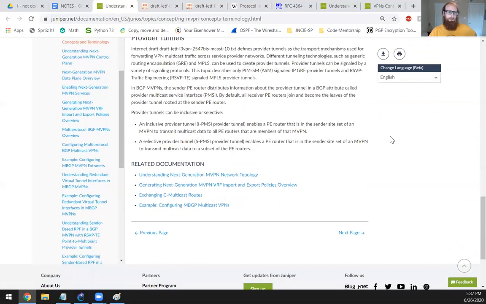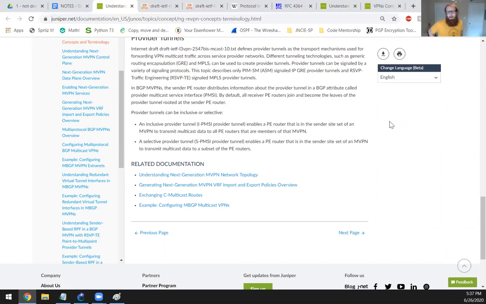Provider tunnels. Internet draft IETF L3 VPN 2547 BIS MCAST-10.txt defines provider tunnels as the transport mechanisms used for forwarding VPN multicast traffic across service provider networks.